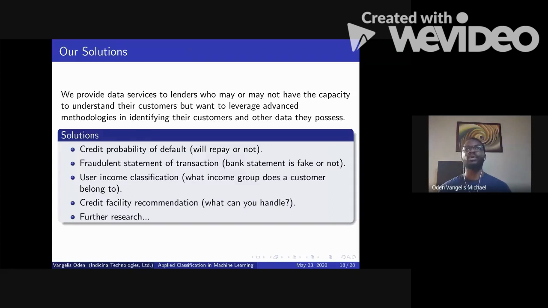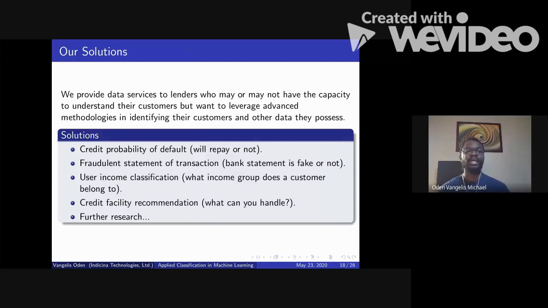Do you want to know if a customer is possibly going to default on a loan? Do you want to know what type of loan a customer could have access to, and not necessarily just decline him for every loan application he makes because he doesn't meet some certain criteria? And the lender is like, oh yeah, let me know what you can do.